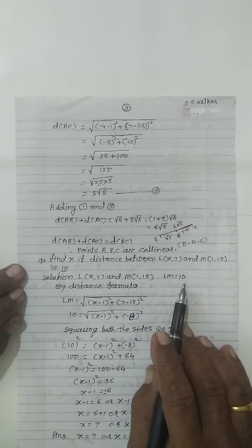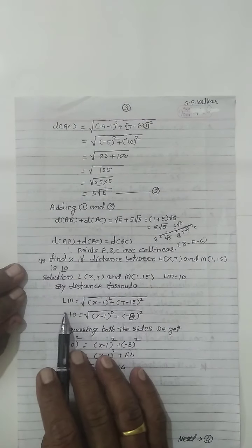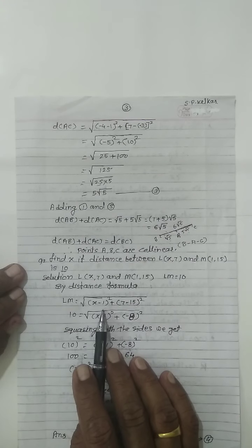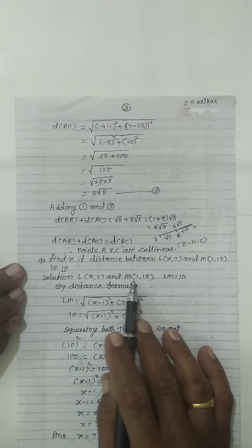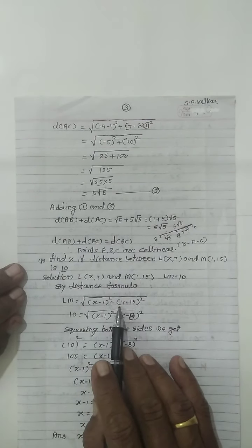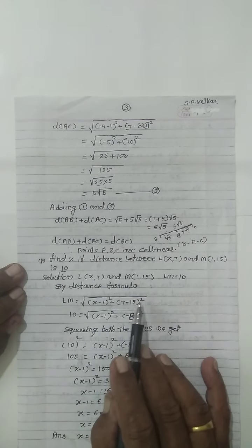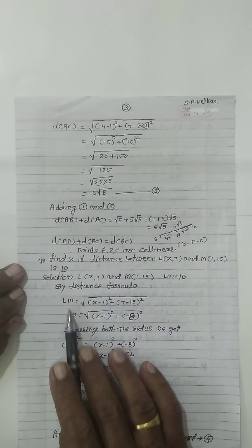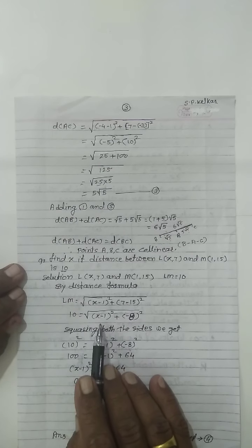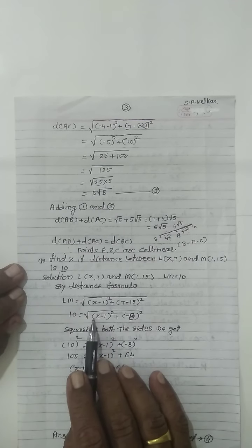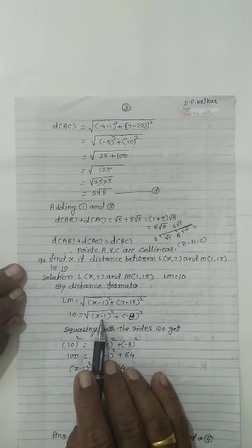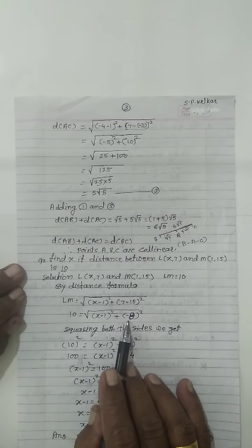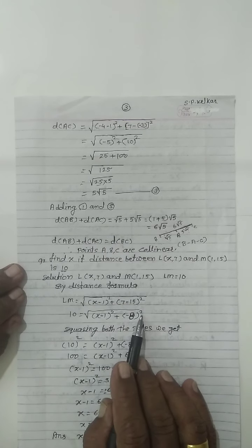Length LM equals 10. By the distance formula, LM equals under root of x minus 1 bracket squared plus 7 minus 15 bracket squared. Then LM is given as 10, equal to under root x minus 1 bracket squared plus 7 minus 15, that is the minus 8 bracket squared.